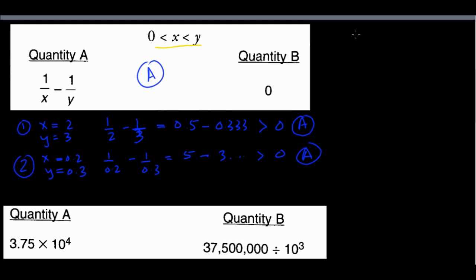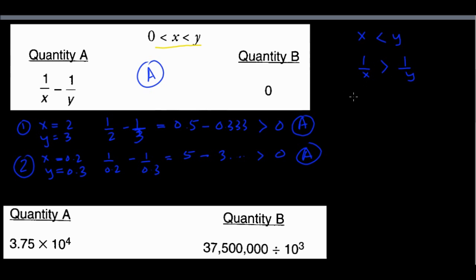Another way to prove that 1 over x minus 1 over y would always be greater than 0 is to look at it this way. This is more like comparing inequality theorem. If x is less than y, and I take the reciprocal of both, 1 over x and 1 over y, then the inequality flips. So now I'll actually have a greater than: 1 over x would be greater than 1 over y. You should actually check this.